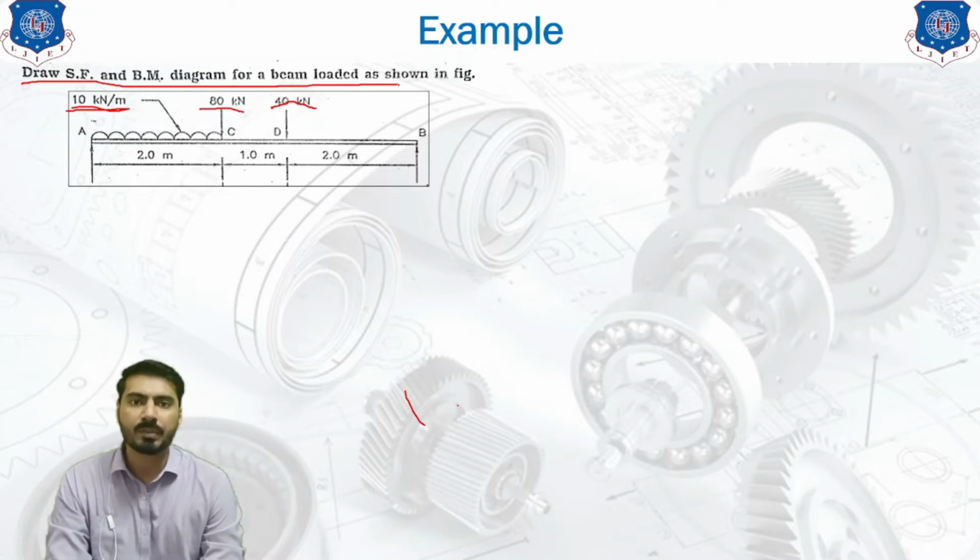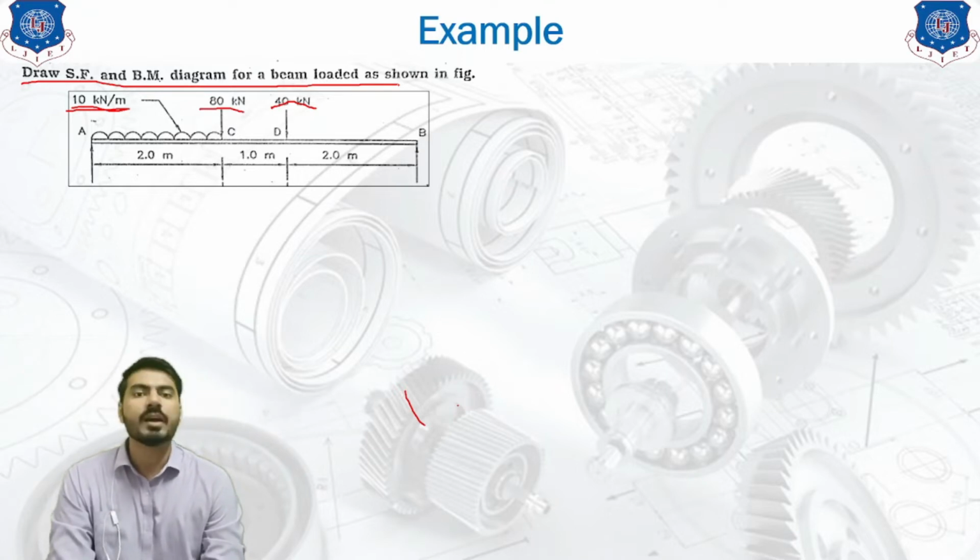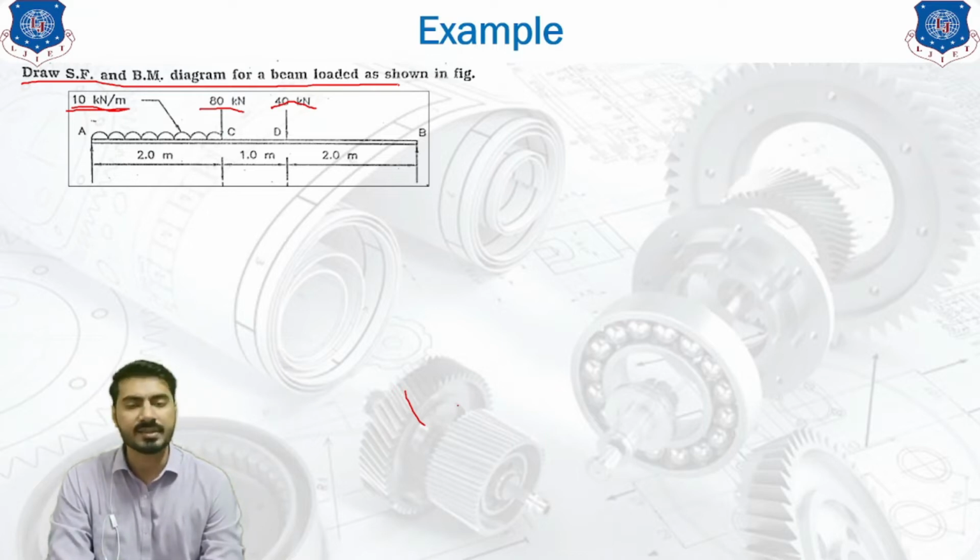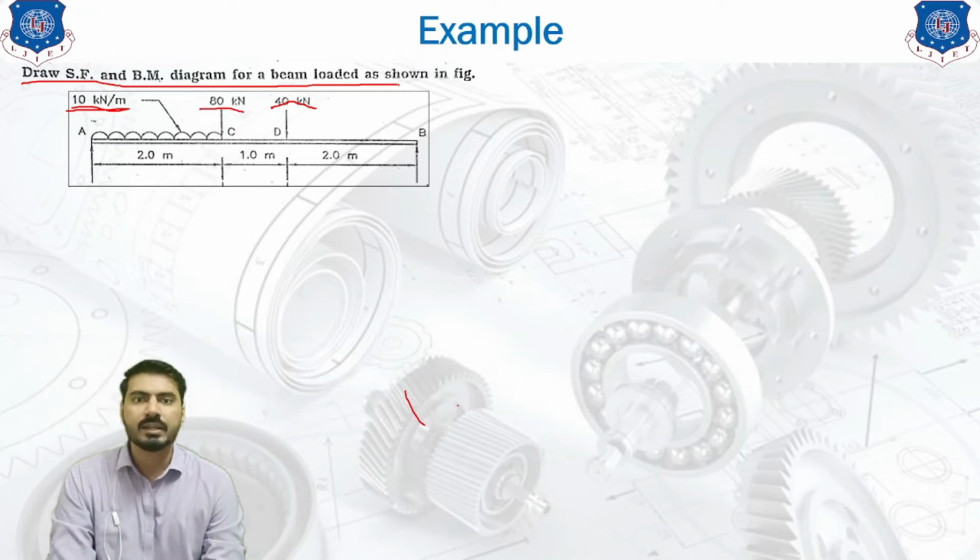What you have to remember for this particular example is that whenever you are drawing a shear force diagram for point load, you will connect two points using horizontal lines, whereas in the case of uniformly distributed load or UDL, the shear force diagram will be connected using an inclined line.